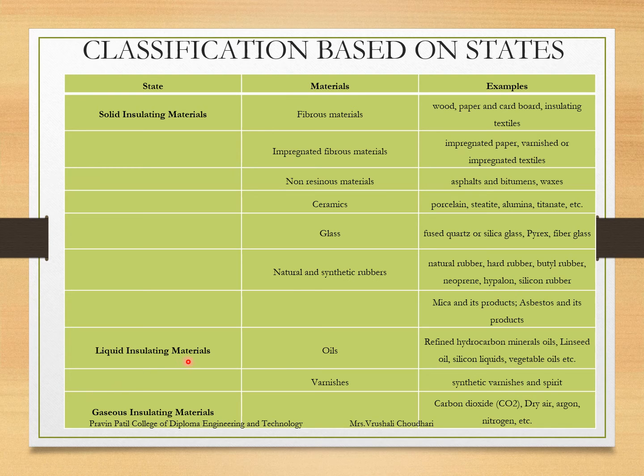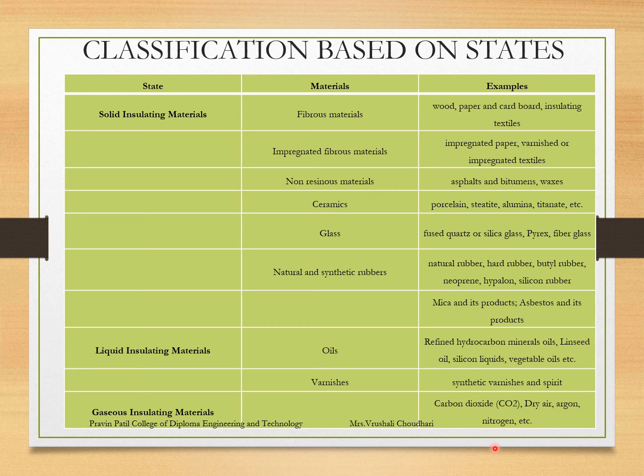Liquid insulating materials are oils and varnishes. Oils such as silicone oil, vegetable oil, and synthetic varnish and spirits are liquid insulating materials. Gaseous insulating materials are all inert gases, carbon dioxide, dry air, argon, nitrogen.